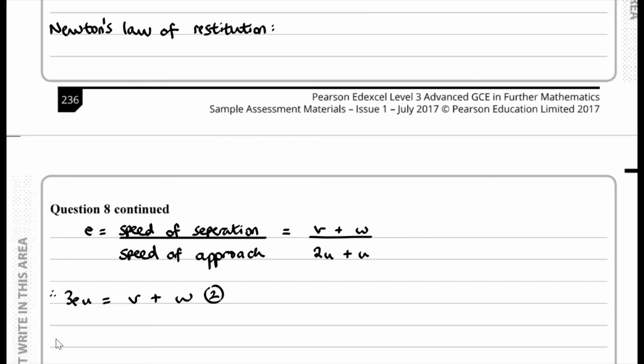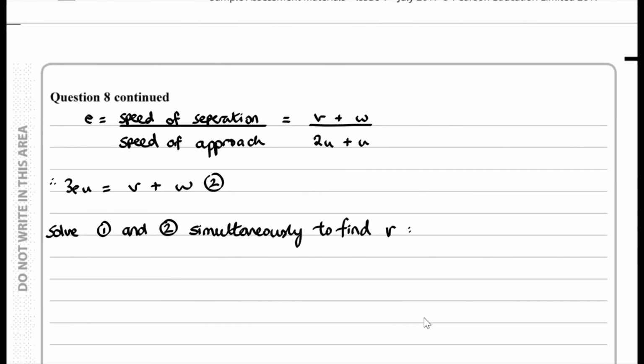Equation 1 is minus u equals 5v minus 2w.